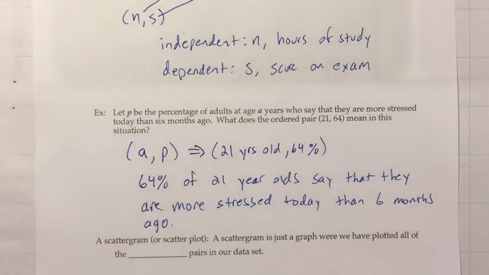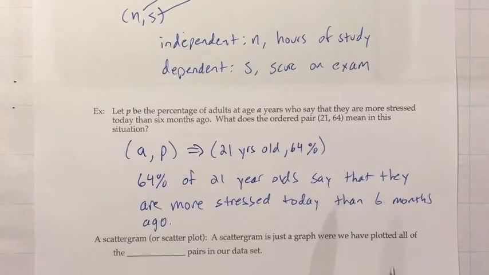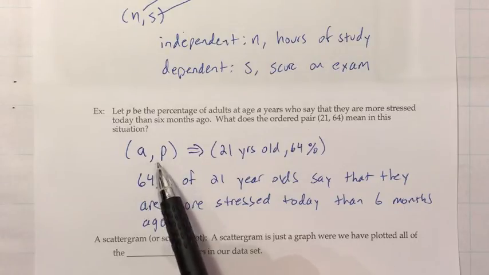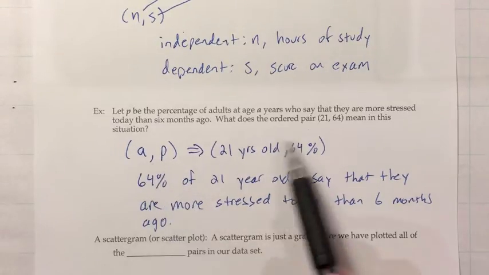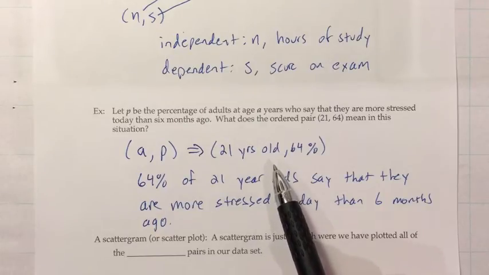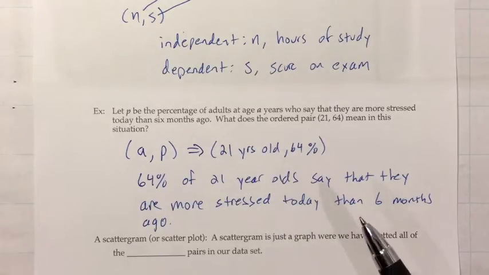So you could technically, I guess, just start off right there. 64% of 21-year-olds say they're more stressed today than 6 months ago. But I feel like there's a lot of thought that needs to happen before that. First of all, thinking about which comes first, the age or the percentage, so that you know which is which. And then just writing that with the units on it so that you can kind of lock down that thought and then put it into a sentence.